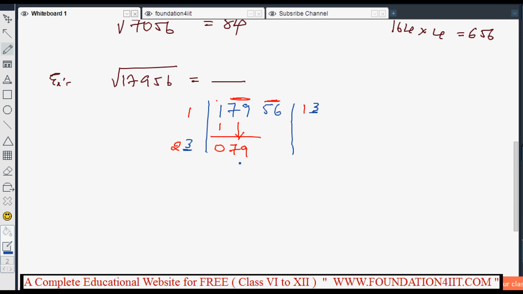So it's almost near to 23 threes are. 23 threes are 69, because 24 fours are more than 79. If I take this here, the same number should be here. The divisor and quotient units place should always be the same. So 23 threes are 69, because 24 fours will be more than 79. So 69 it is. If we subtract, it is 10. Now take the next set, that is 56. Here the units place is 3.